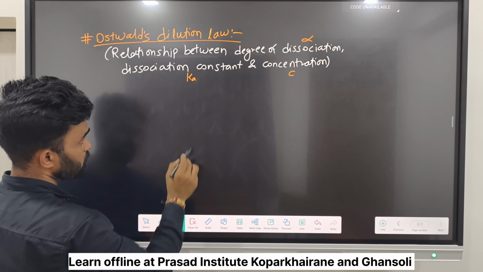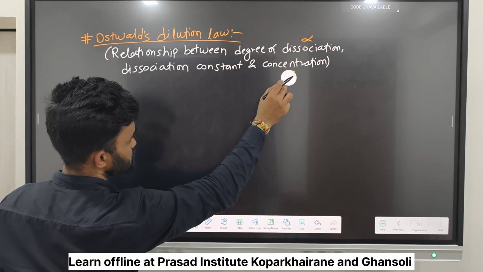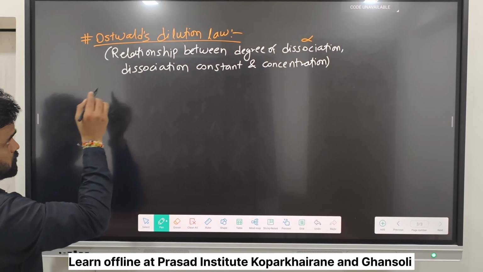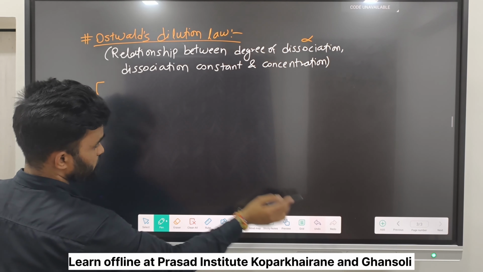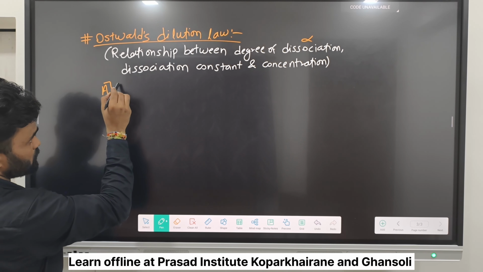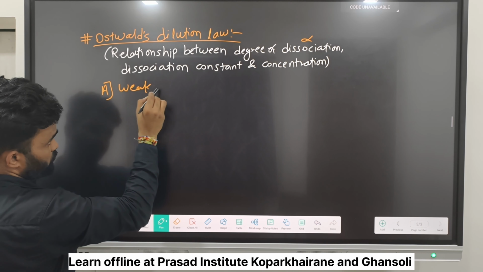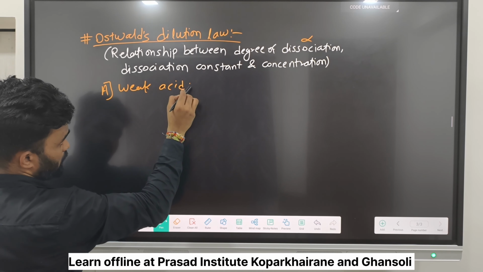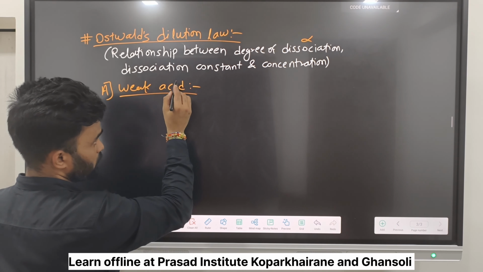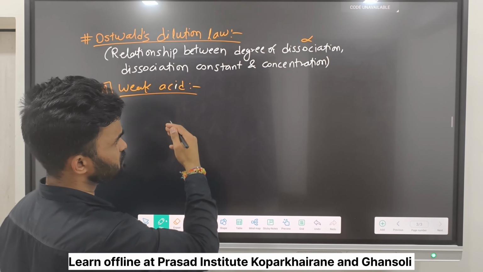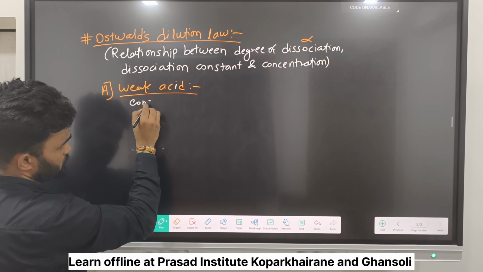सगळ्यात पहिल्यांदा लेट मी जस्ट क्लिअर दिस. लेट्स गो विथ व्हेरी फर्स्ट वन. लेट्स गो फॉर weak acid. Now, if I say weak acid, let's consider any random acid.